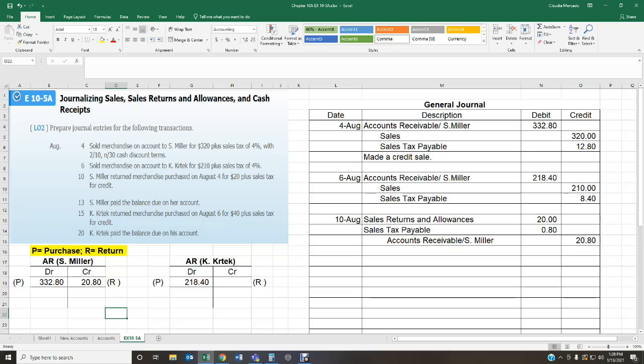Well, Miller purchased $332.80, and then they returned $20.80. So what Miller owes me as of today is $312. That is how much Miller owes me. So Miller is going to pay the balance due, and that is happening on August the 13th.